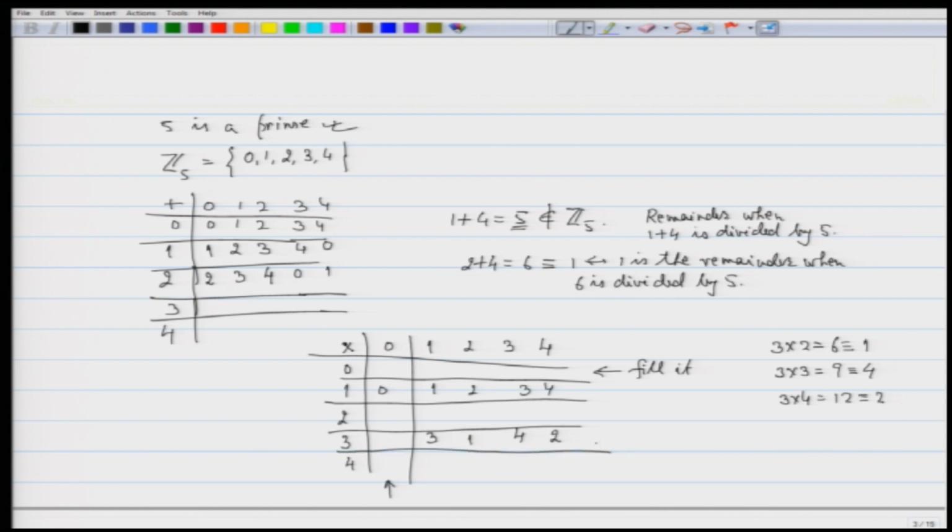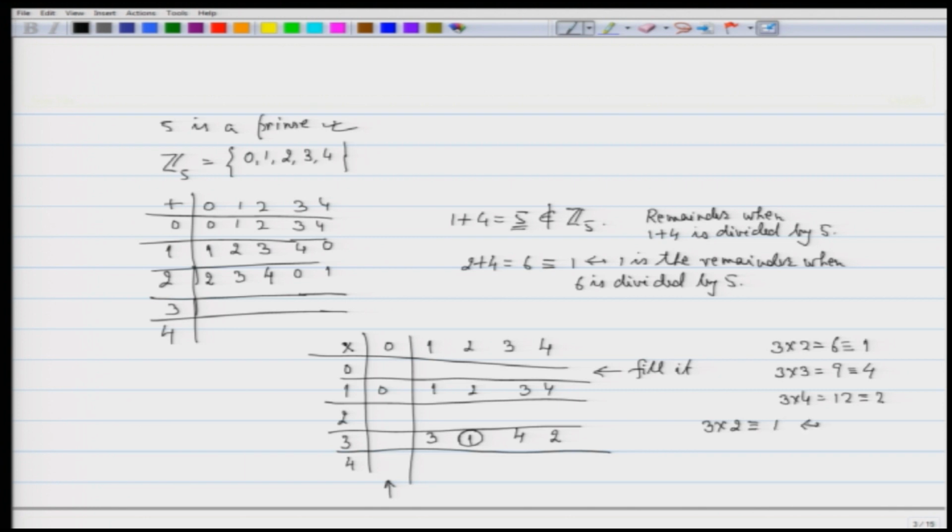So, this is what I am going to get. I would like you to complete this table also. What I would like you to observe here is that I have a number 1 here. So, what we are saying is that 3 into 2 is 1.